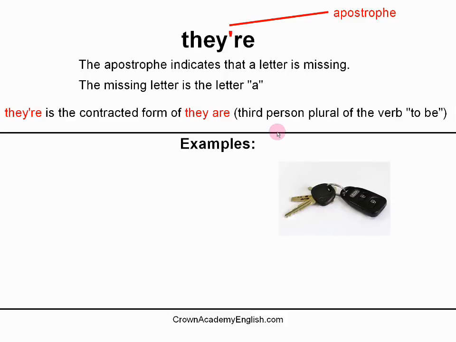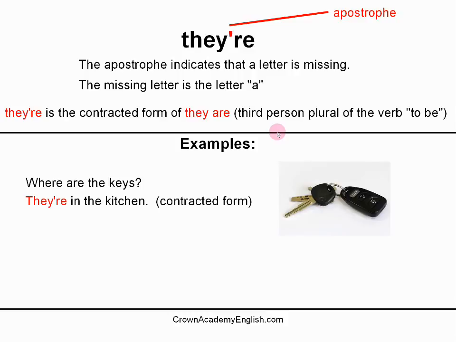Examples. Where are the keys? They're in the kitchen. Okay? So this means that the keys are in the kitchen. So we have they and then are. And here it is in the full form. They are in the kitchen.